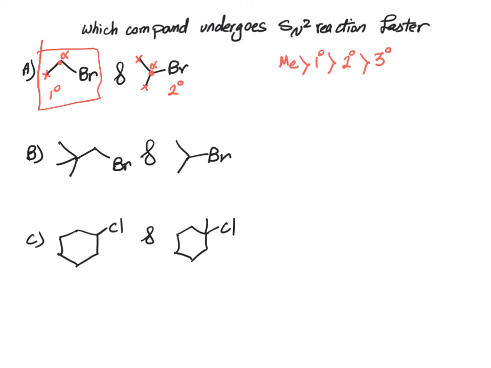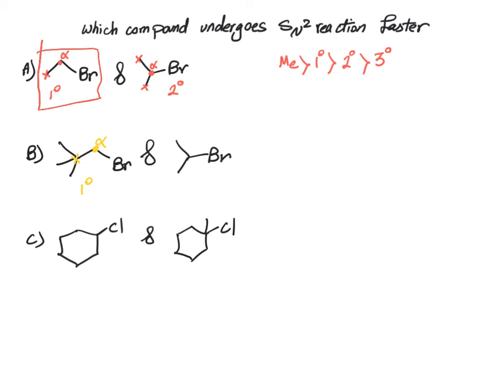In B, the first compound, this is the alpha carbon, and this is a primary substrate. Why? Because the alpha carbon is bonded to only one other carbon, one alkyl group, and two hydrogens.